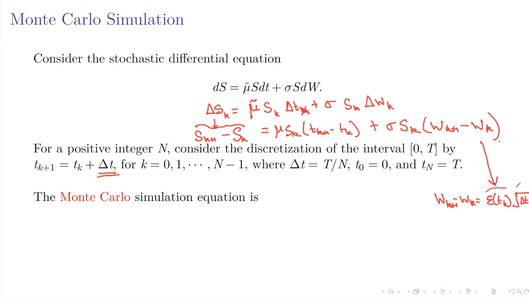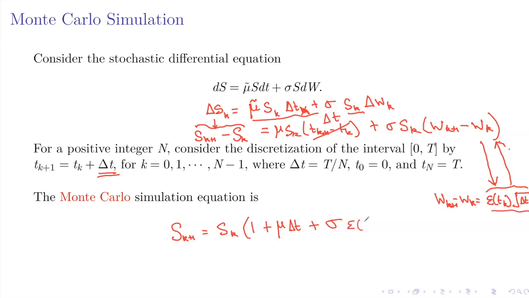So you replace this here, and thereby we get S_{k+1} equal to S_k, and since S_k is sitting in all the terms, you can take it out and write it as (1 + mu delta t + sigma epsilon_k root delta t).